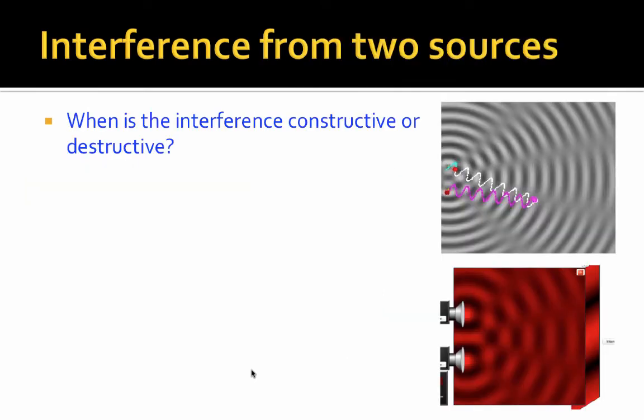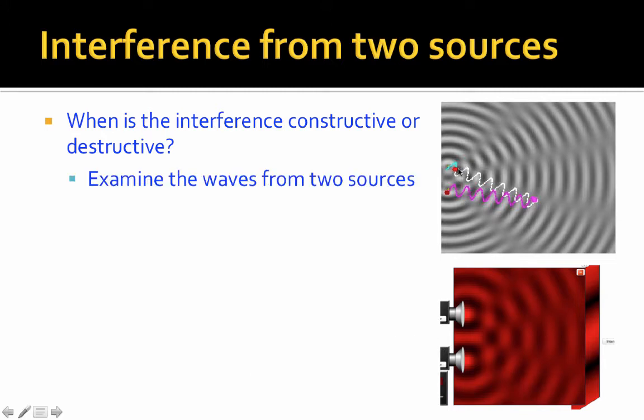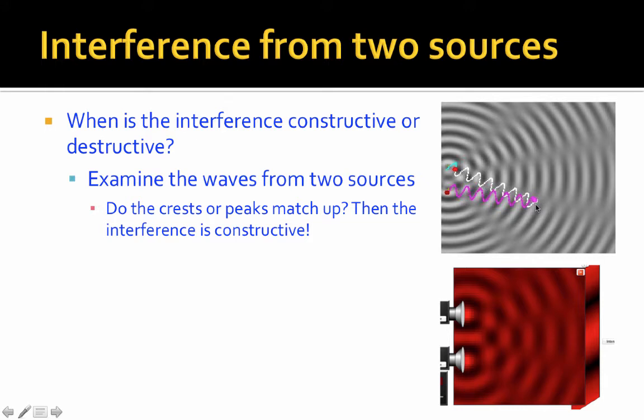So when we talk about interference from two sources, we'd like to be able to describe when the interference is constructive and when it's destructive. Let's say this picture on the top here has two sources which are separated by some distance, and the white wave is coming from one source and the pink wave is from another source. What we want to look for is at some distant point, so we'll say this dot here is our distant point, do the crests and troughs match up or not?